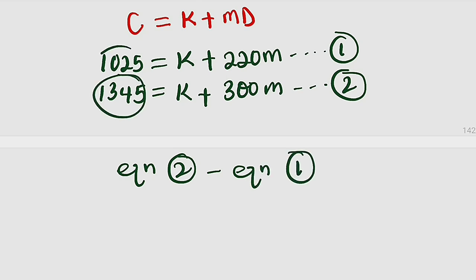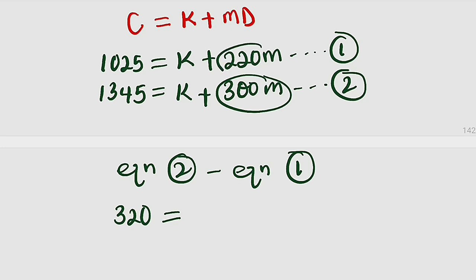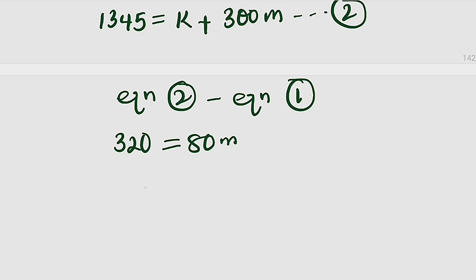So we take the constants, that is 1,345 minus 1,025. That will give us exactly 320 equals K minus K is 0. Then 300M minus 220M, that will give us 80M.